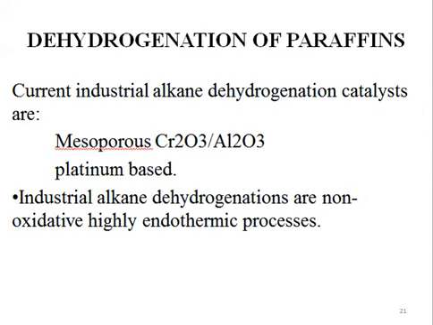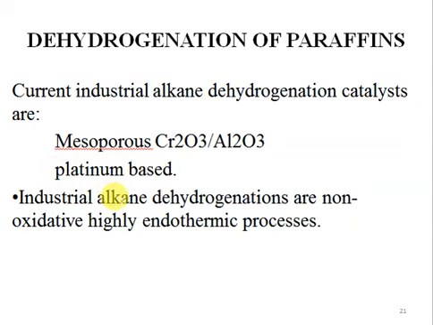When we are considering the dehydrogenation of paraffins, the most commonly used industrial dehydrogenation catalysts include mesoporous chromium oxide over alumina, right? So this is chromic oxide over alumina, and you may also use platinum-based catalysts.